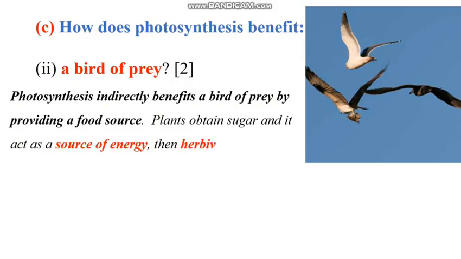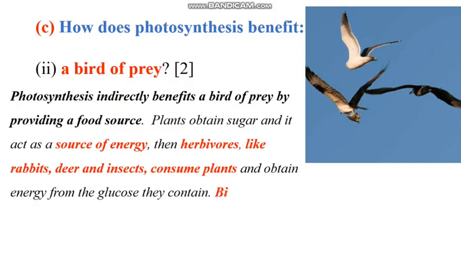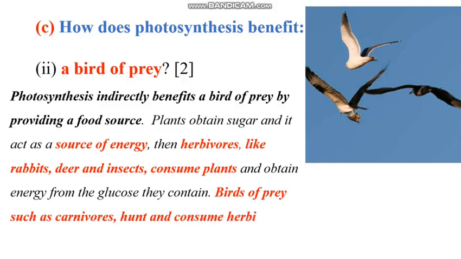Herbivorous animals such as rabbits, deer, and insects consume plants. After they consume the plants, they obtain energy from the glucose they contain. Then the bird of prey, being carnivorous, is going to hunt and consume the herbivores. So that is how photosynthesis can benefit a bird of prey indirectly.